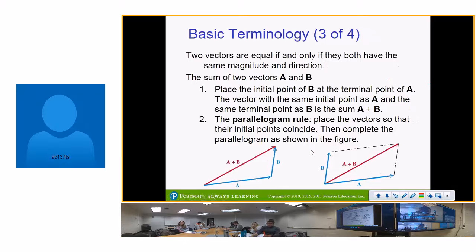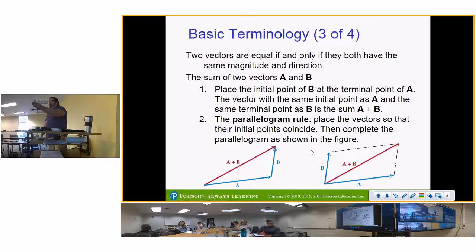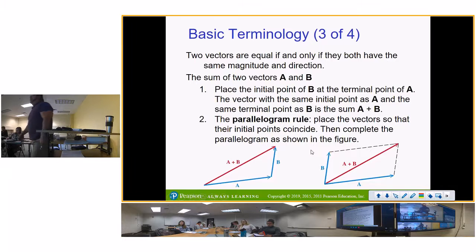Okay, you don't have to write this word for word, but basically the first one is a resultant vector using head to tail. The second drawing is the resultant vector by parallelogram. Now, you don't see head to tail because they don't know that you know head to tail yet. Now you know head to tail.